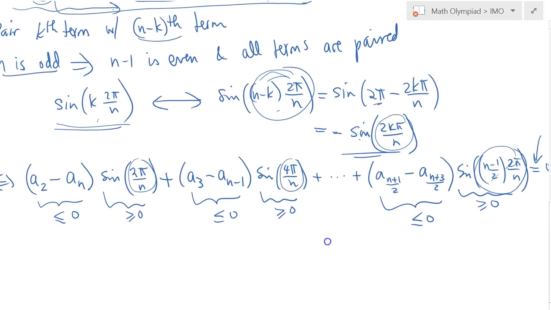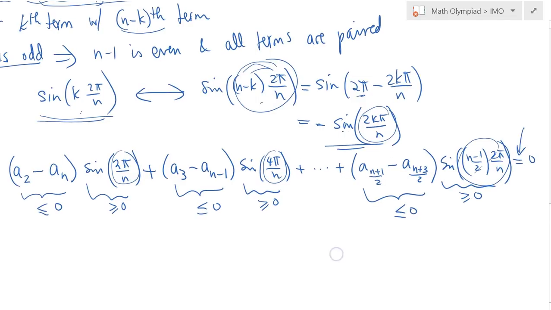So the only possible explanation for all these terms to add up to 0 is, so notice this, when you multiply them, this is less than or equal to 0, so you have n minus 1 over 2 terms, right? And all of them are less than or equal to 0. The only way they would add up to 0 is if every single one of them is equal to 0.